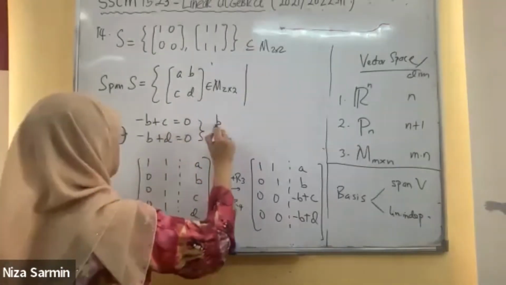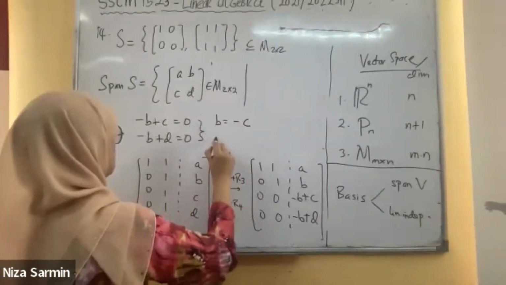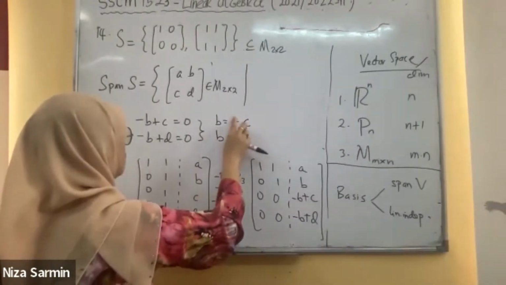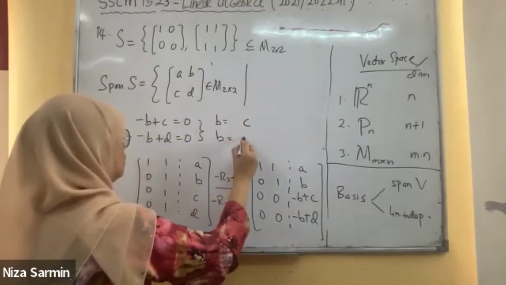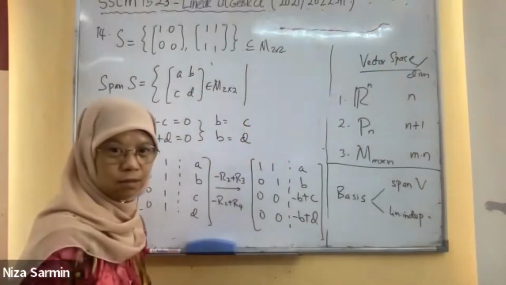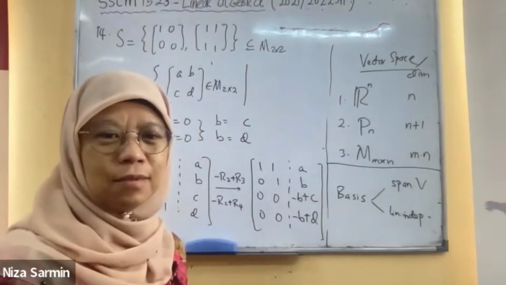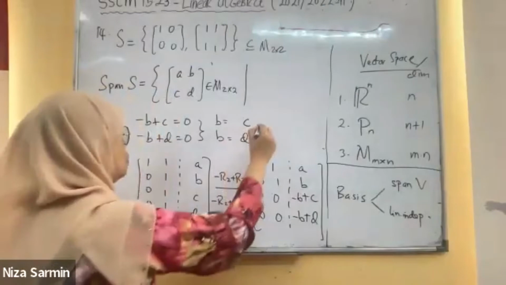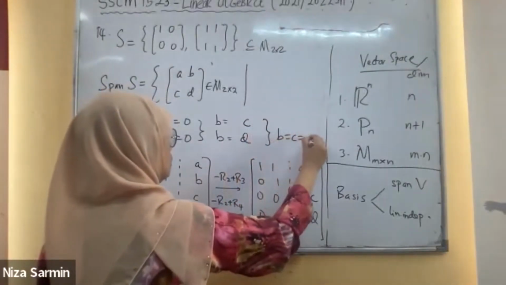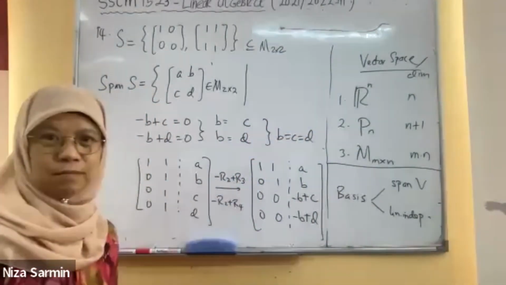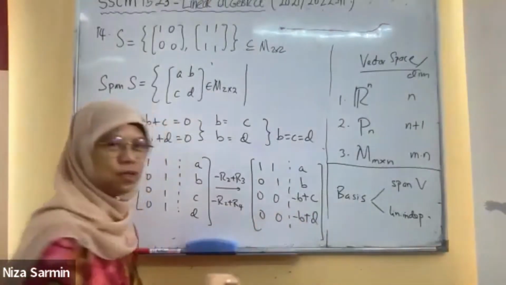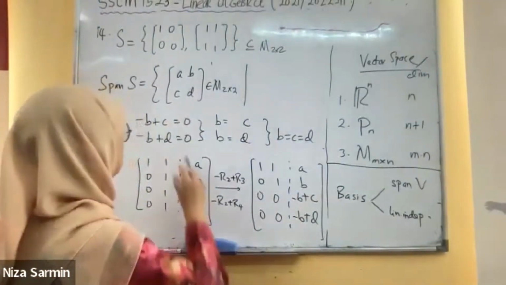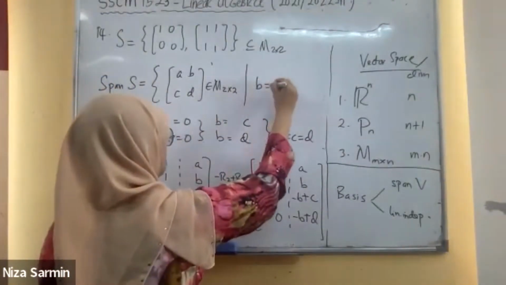This gives B is C. This gives B is D. So B is C is D. Instead of putting this together, okay. And how do you write your answer? You can write this: B is C is D.